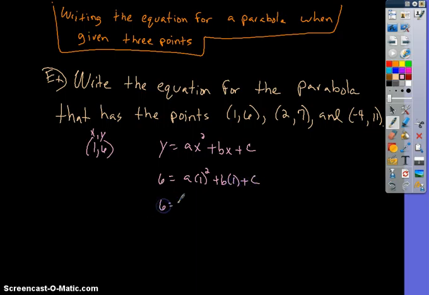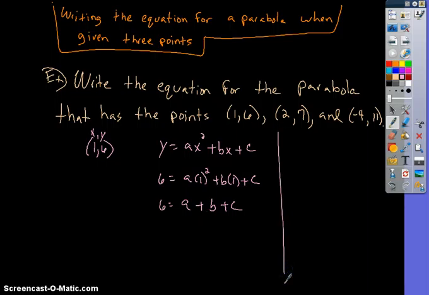Well, that means 6 equals a plus b plus c. Because I have 3 variables in this equation, I need 3 equations. I need a system of equations in 3 variables, so I need a second equation.